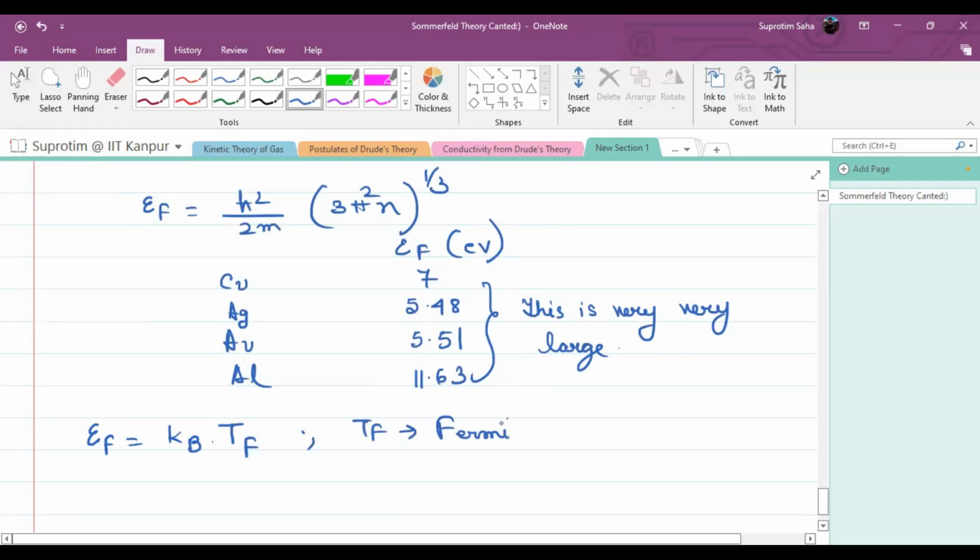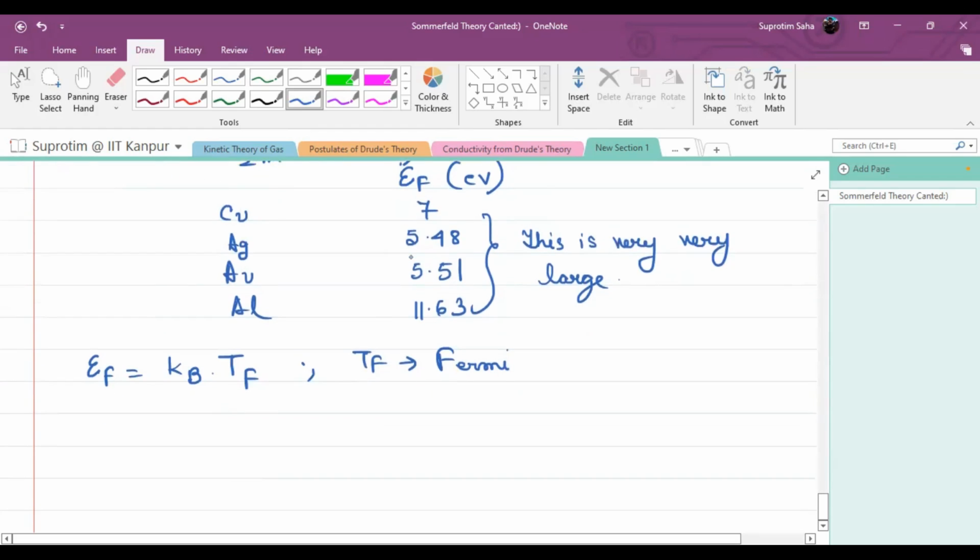So to see how high this energy is, instead of seeing it in electron volts, you can see it on the temperature scale in comparison to room temperature. So E_F is k_B T_F, which implies T_F is E_F over k_B.